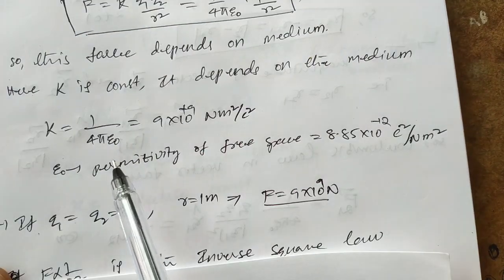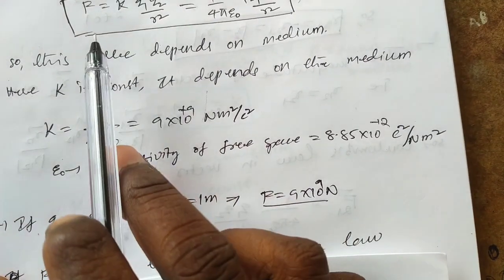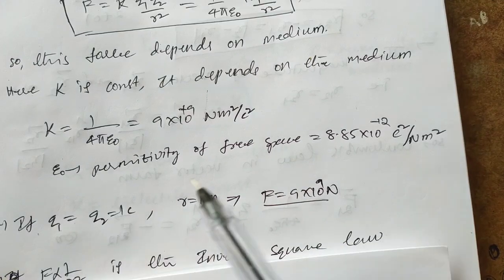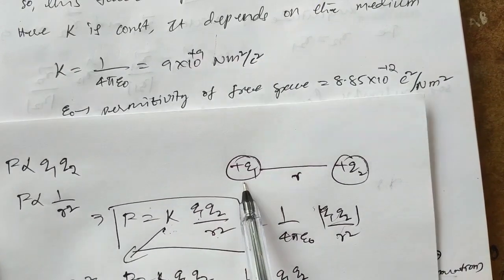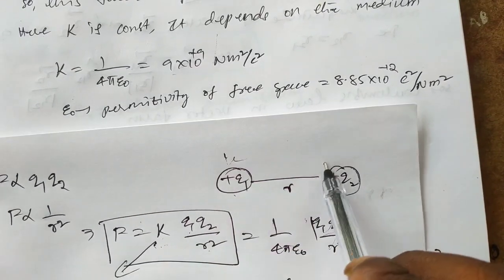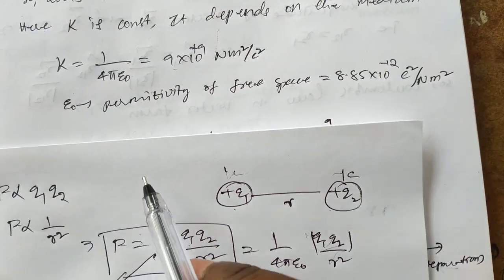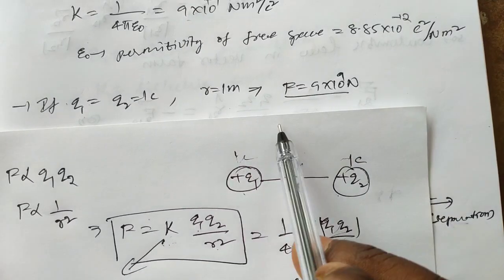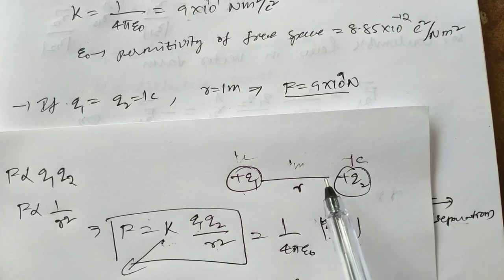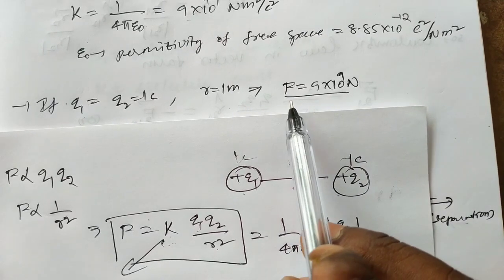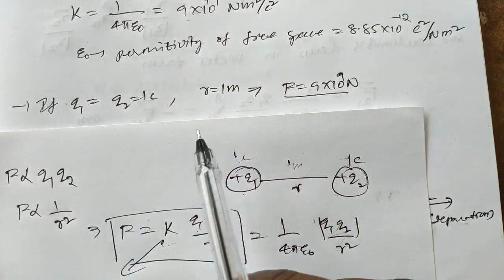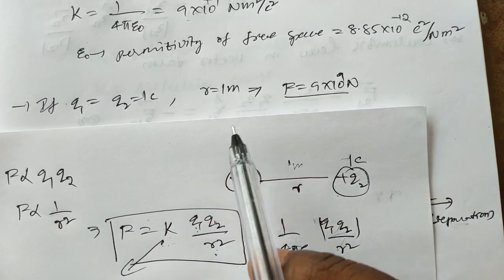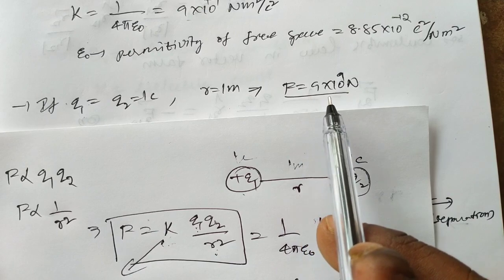From the equation F is equal to K Q1 Q2 by R square, if Q1 is equal to Q2, both having the same charge of 1 coulomb, and the distance R is 1 meter, then substituting in the formula, 1 by 1 is 1, so F is equal to K. F is equal to 9 into 10 to the power of 9 Newtons.